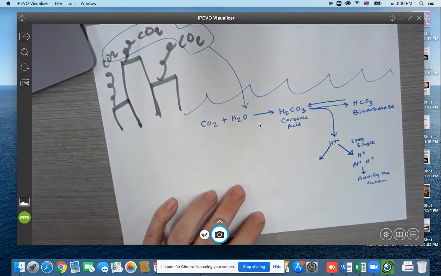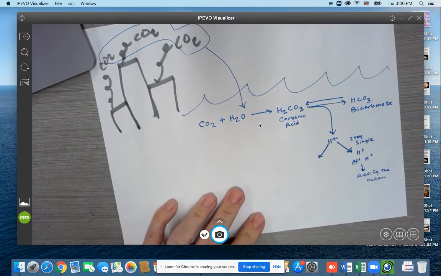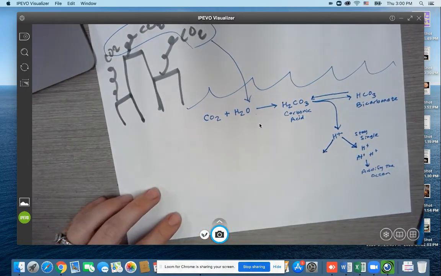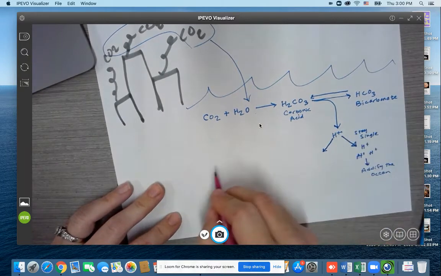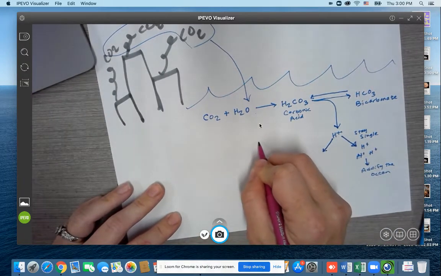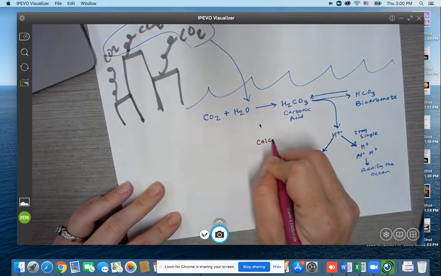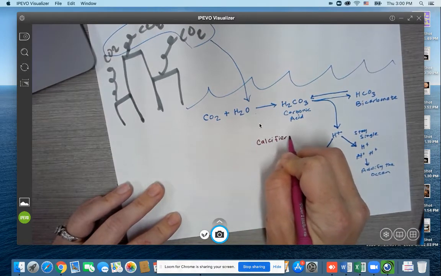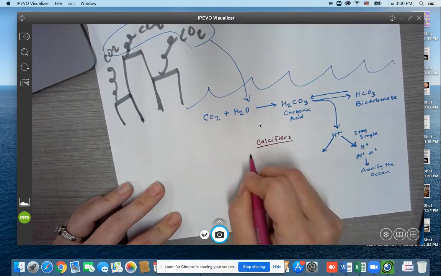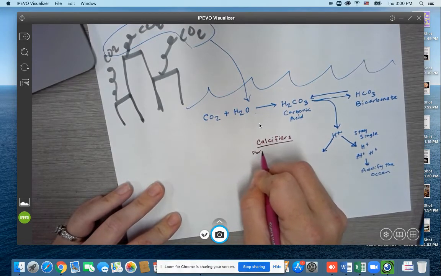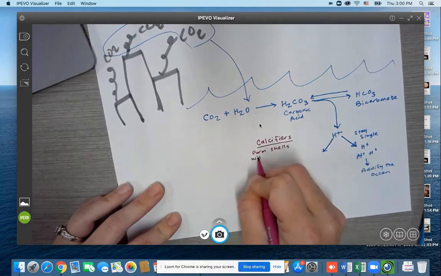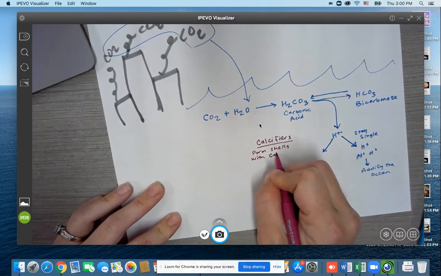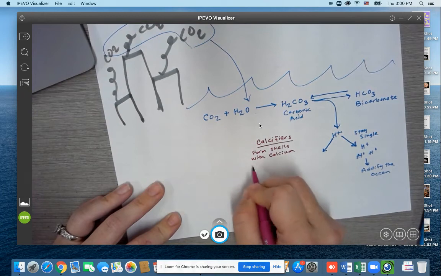Okay, so you guys, what relies on carbonate in the ocean are things called the calcifiers. So let's just take a little sidebar and make a list of the things that rely on carbonate. So these are going to be your calcifiers. And these are going to form shells with calcium carbonate.